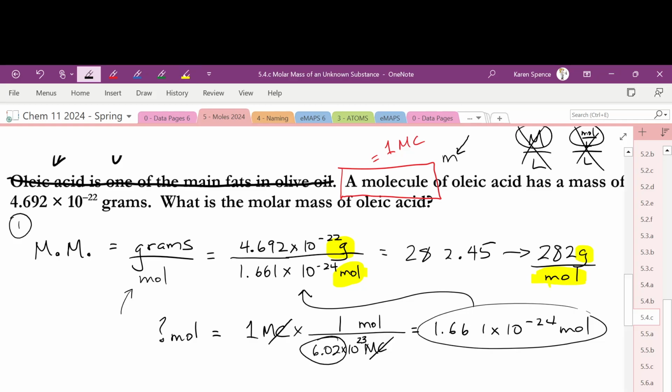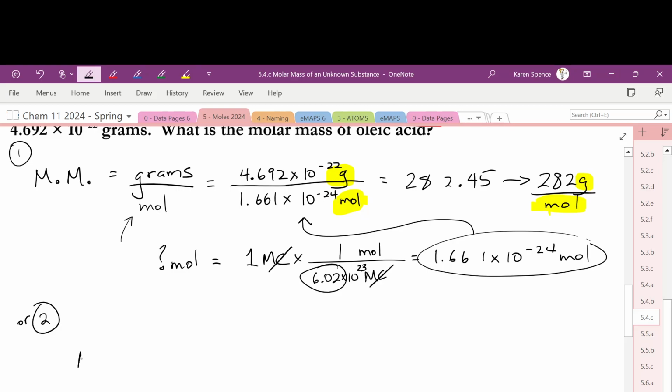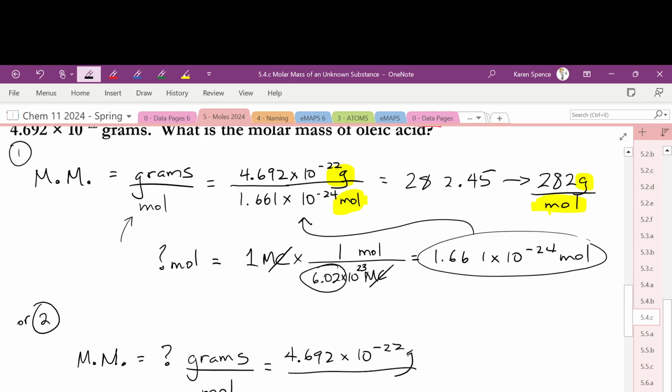The other way is to say our molar mass is equal to, I don't know how many grams per mole, and I have 4.692 times 10 to the negative 22 grams, and that is the mass per 1 molecule.